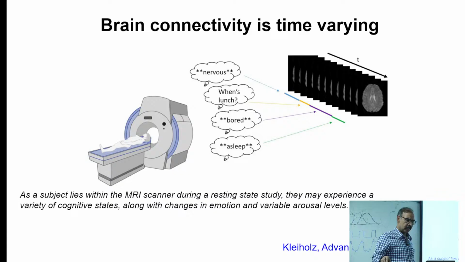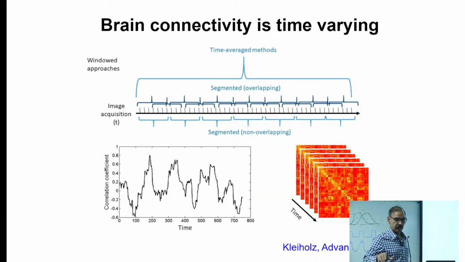And it happens that, when we look at correlation between different regions, there is functional connectivity. But to look at this variability, what has been done is called dynamic connectivity or sliding window.